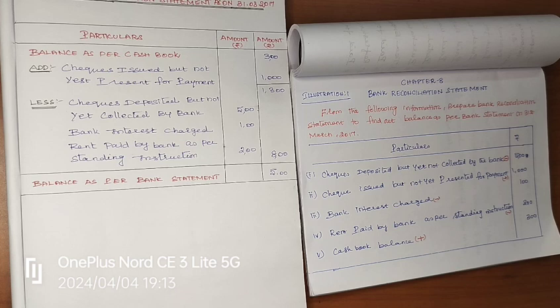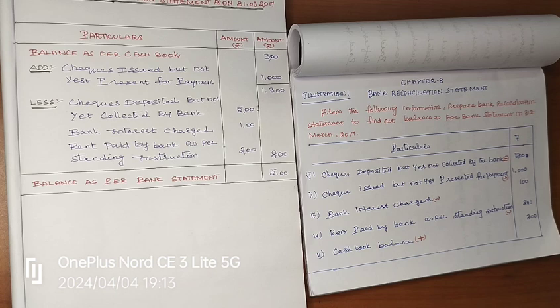When you issued the check, which means you paid by check, immediately your cash book will be decreased by 1000 rupees, right? So your bank balance decreased as per your cash book. So you have subtracted 1000 rupees in your cash book.